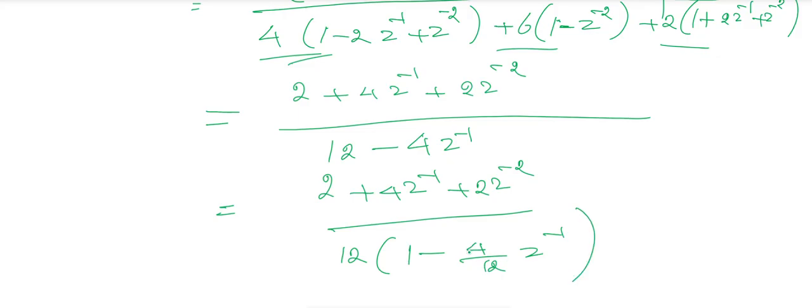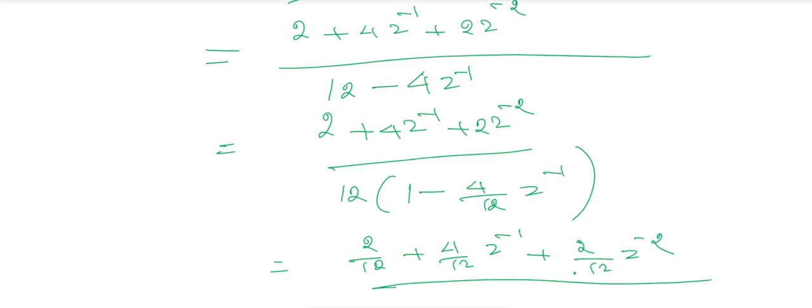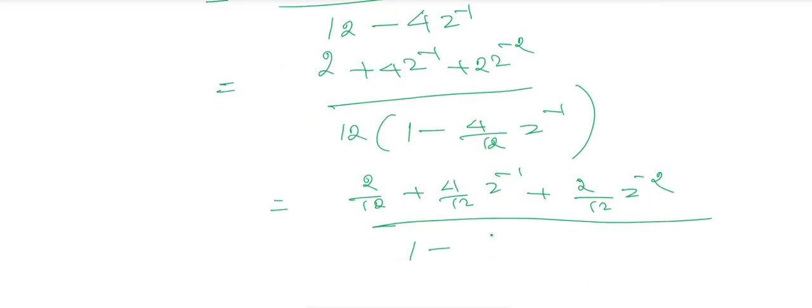So again you can simplify. So this is 2 by 12 plus 4 by 12 z inverse plus 2 by 12 z minus 2, divided by 1 minus 4 by 12 z inverse.